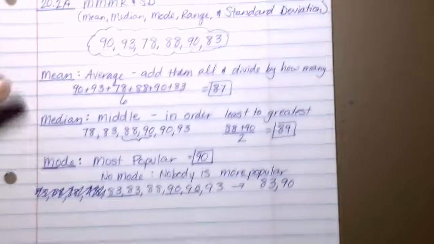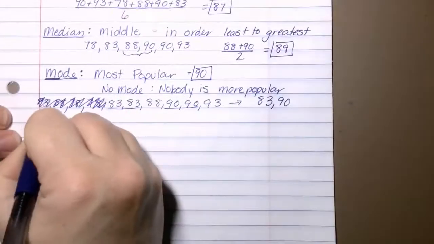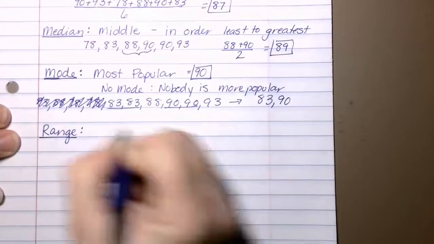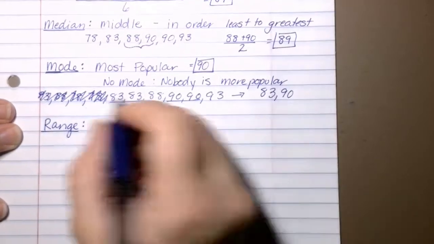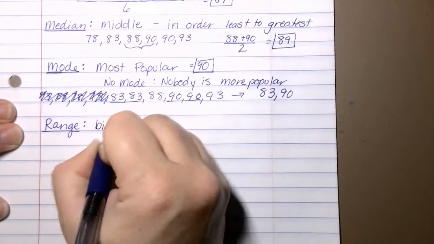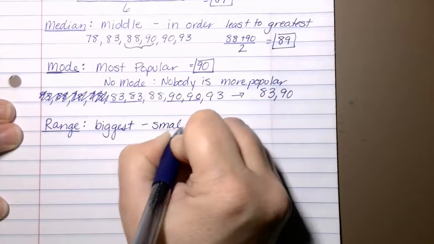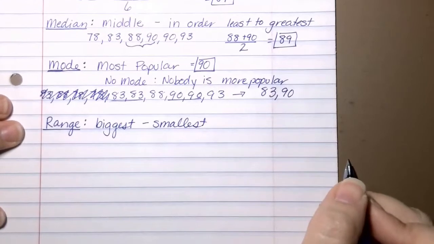Let's see. What's my next one? Range. Anyone know how you find the range? Now, the true mathematical way of that would be saying the greatest minus the least.